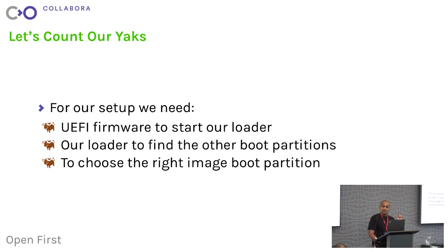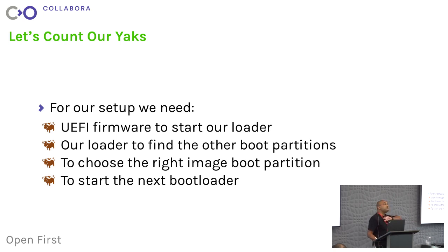We need to choose the right one out of those, somehow, we'll get to that, and we need to start that bootloader and have it do all the things it would normally do as if none of the preceding stages had occurred, because we don't want it to know that ever existed. So let's go through those and see how they were achieved.